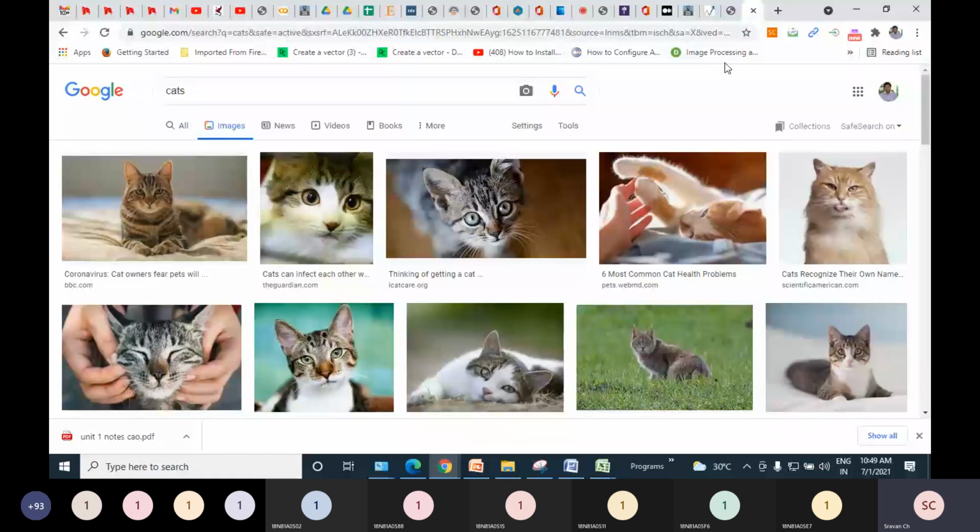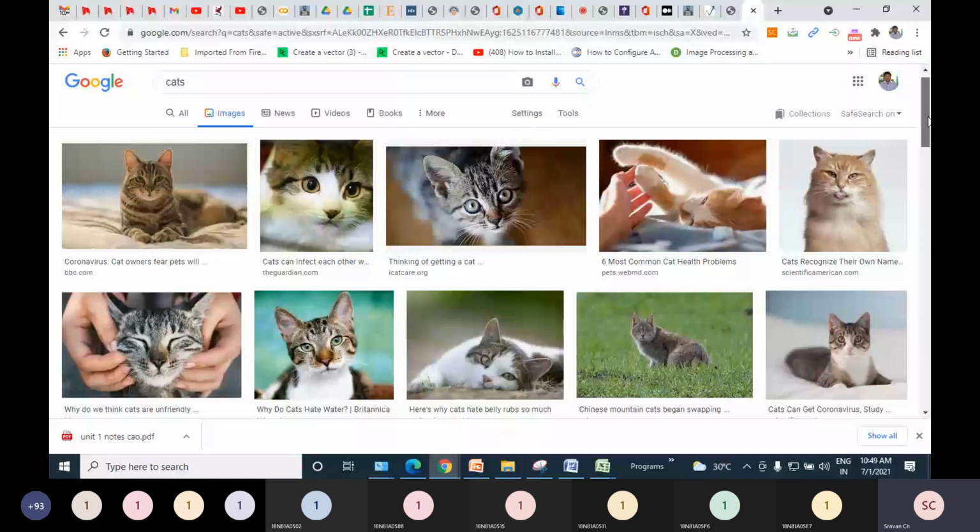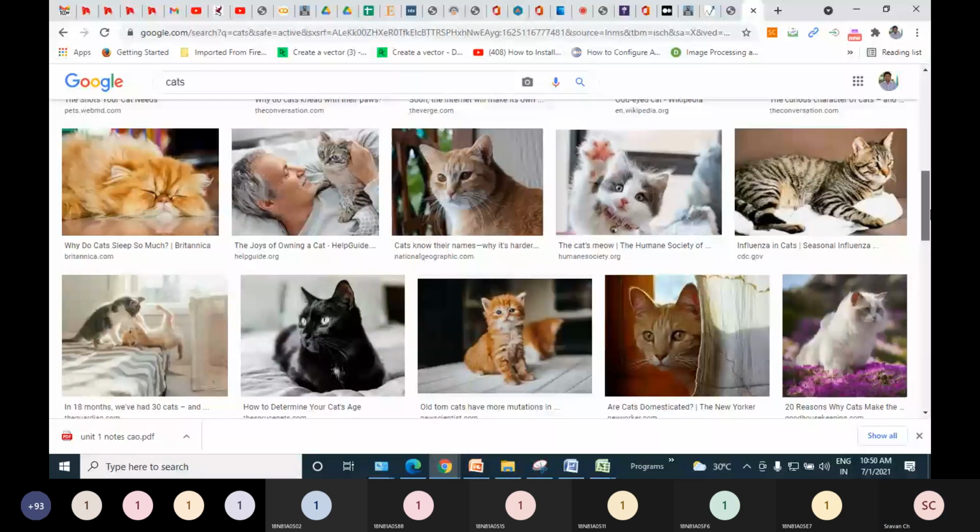Now you know very well, obviously, machine learning is being used for object identification or object detection. I wanted to see cats, and Google is showing me cats. Observe carefully.